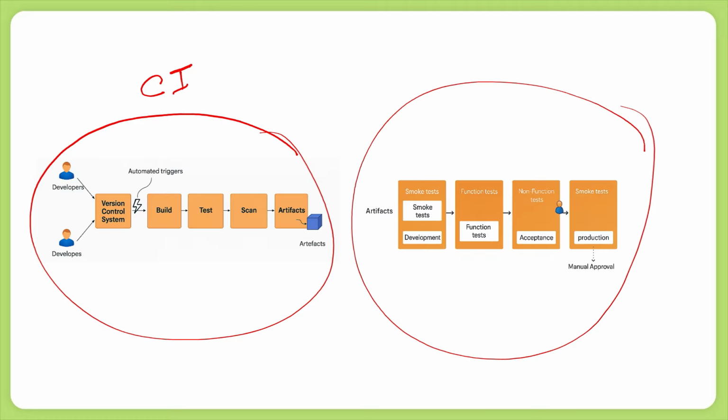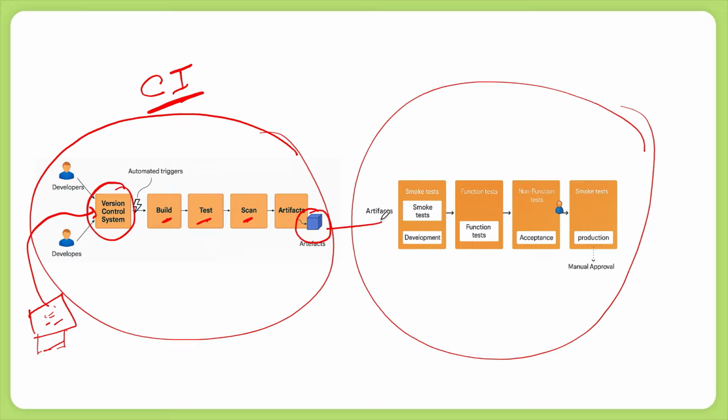Here we have a developer, and when the developer writes the code and pushes it to version control, this code needs to go through different steps. It needs to be built, tested, and scanned, and then the artifact will be ready. This is called continuous integration.